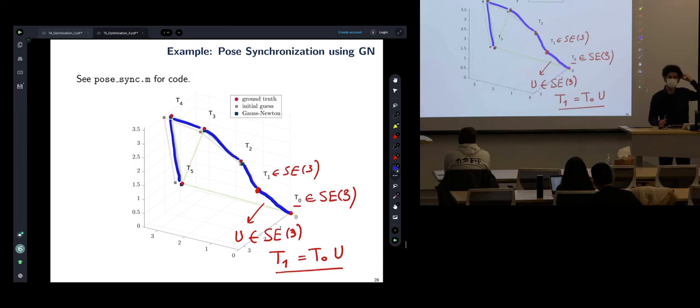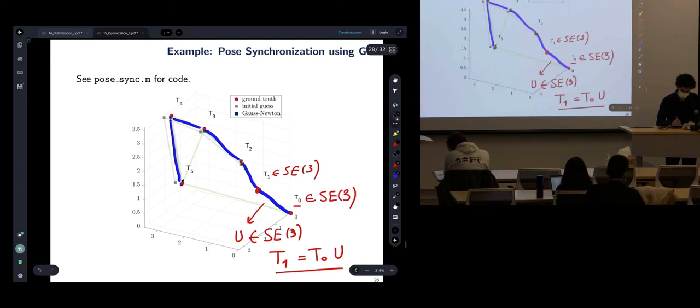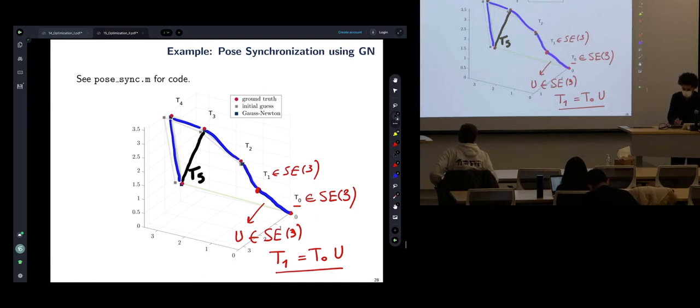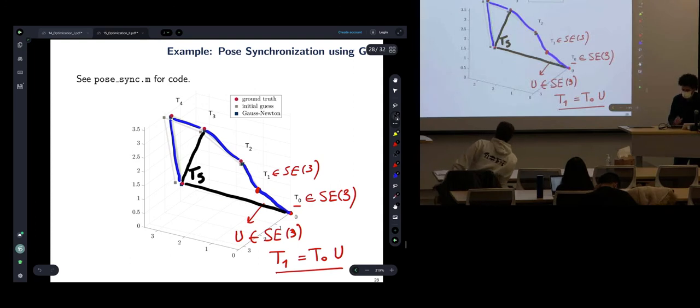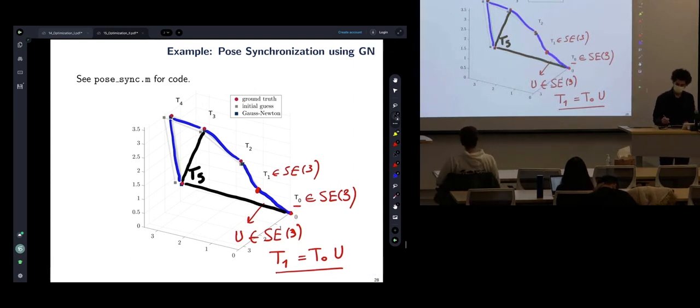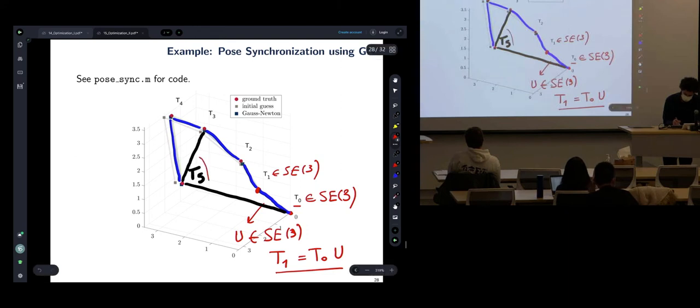There are non-consecutive edges in the graph. For example, T5 is connected to T3. And T5 is connected to the initial node. In the context of SLAM, we call these loop closures.